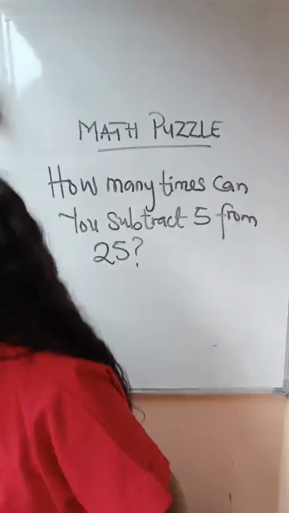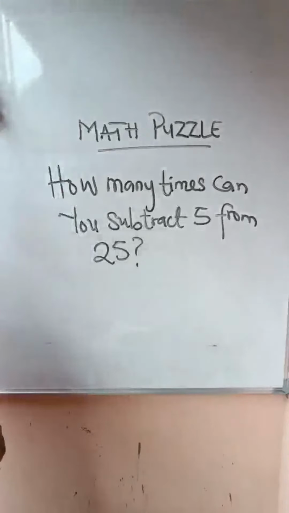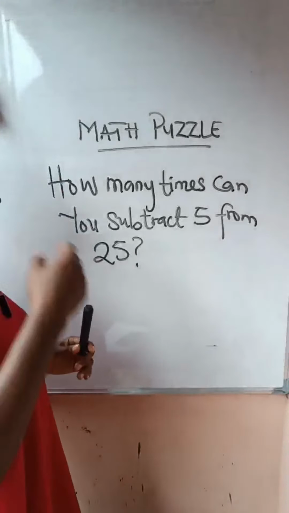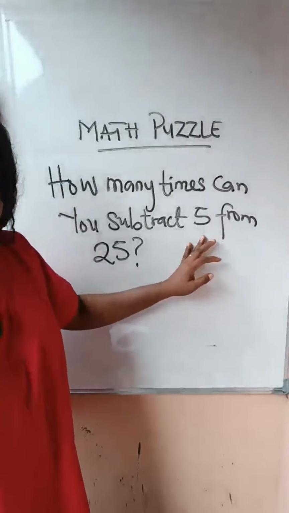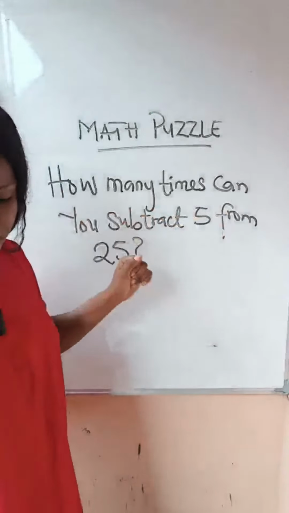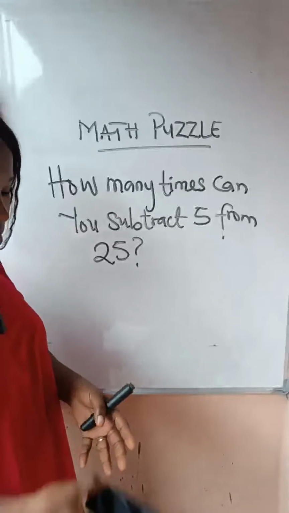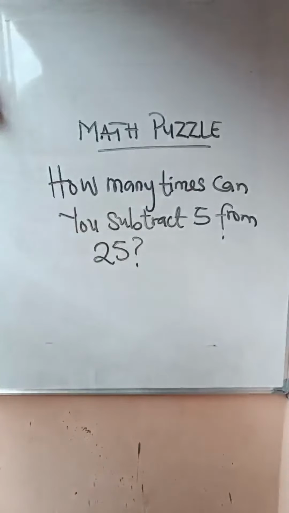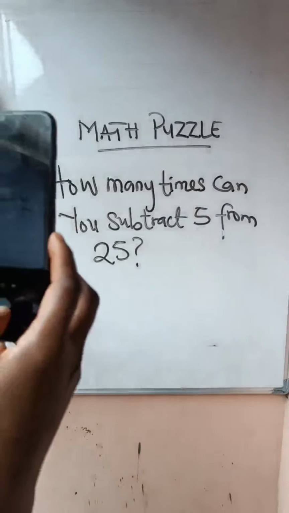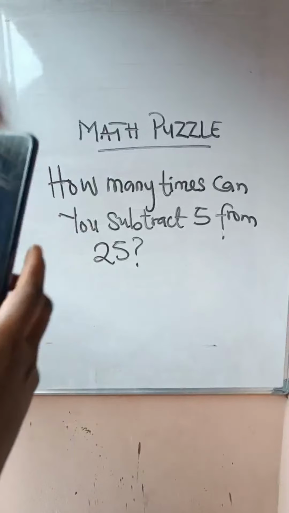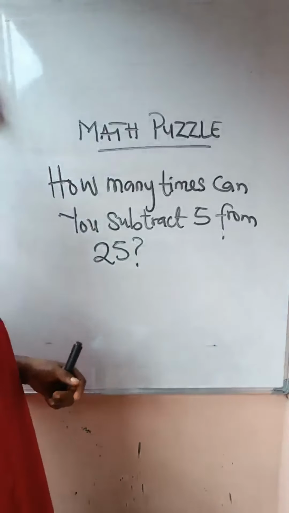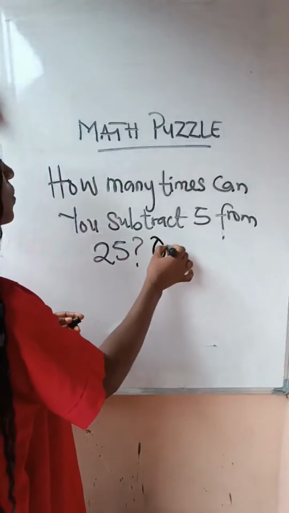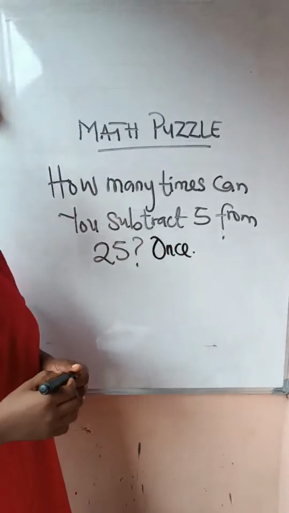Who is ready? How many times can you subtract 5 from 25? It is easy. Sorry, permit me to snap this. So how many times can you subtract 5 from 25? The answer is simple. Once. You can only do that once. Now let me explain.